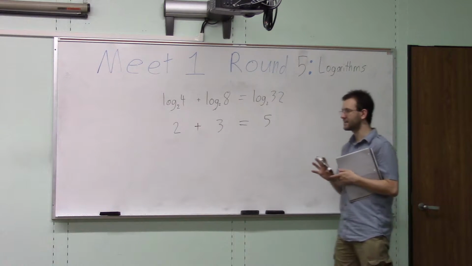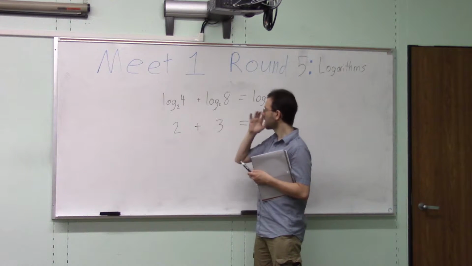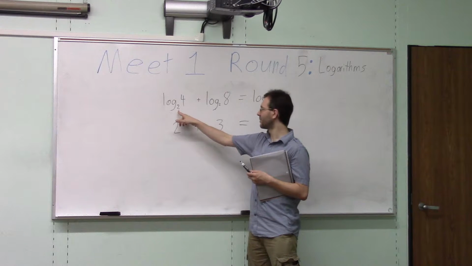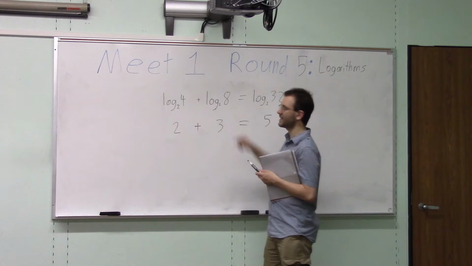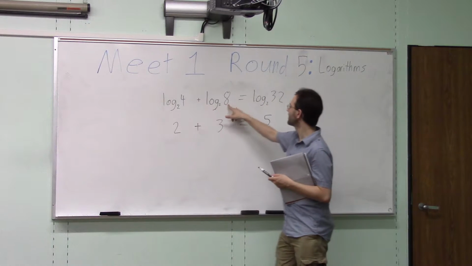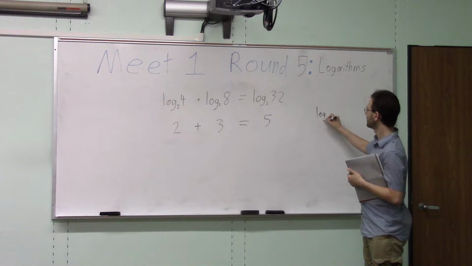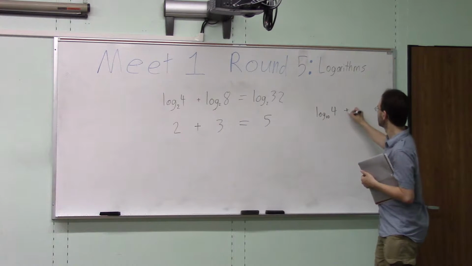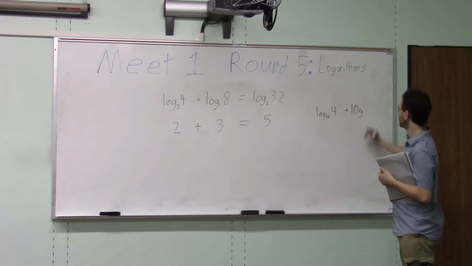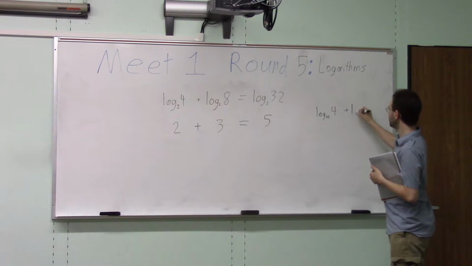What that means is, in short, when you have different logs with the same base, so the number of 2's in 4, the number of 2's in 8, and they're being added together, you can multiply the numbers. That means that you can do this. Oops, I can't write. I have 10's on the brain.